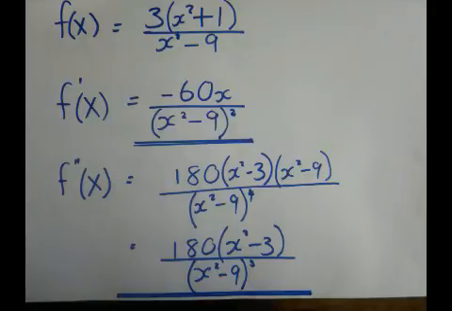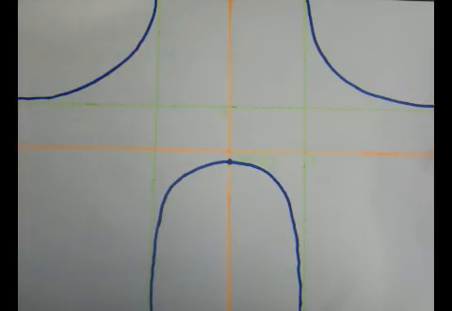Okay, we go back to our first and second derivative. This is where we're going to need them. We have to find where the function is increasing and where it's decreasing. To do this, we just have to test a certain point. We start with the positive side of the graph, from 0 to infinity, and see how it goes.